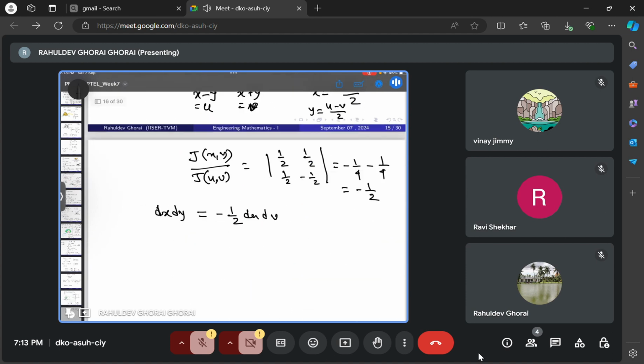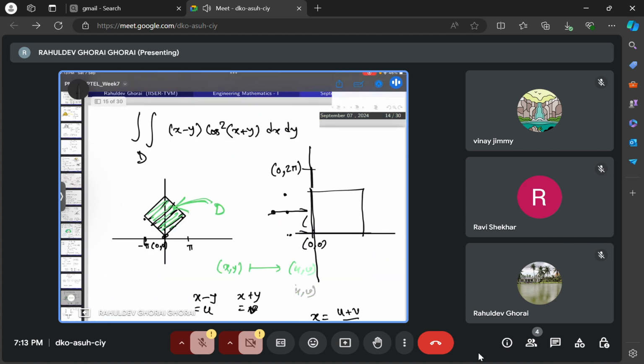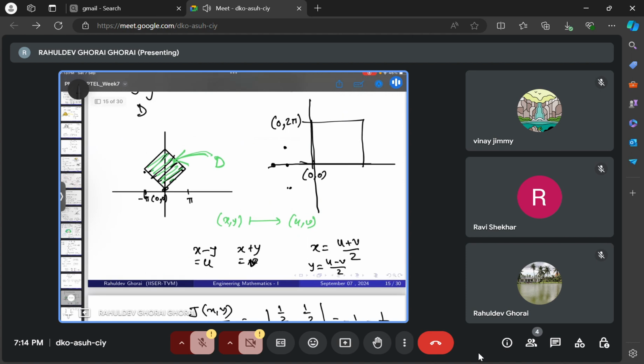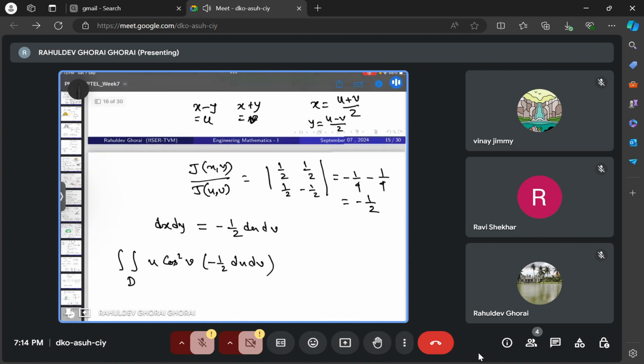And the integration over D, that region I have already mentioned, will be x minus y, which is u, times cos square v times minus half du dv. We still don't know the limits.